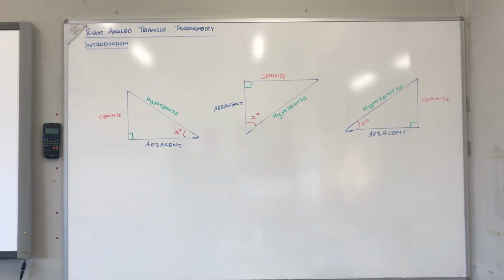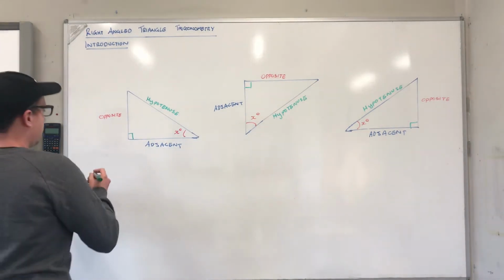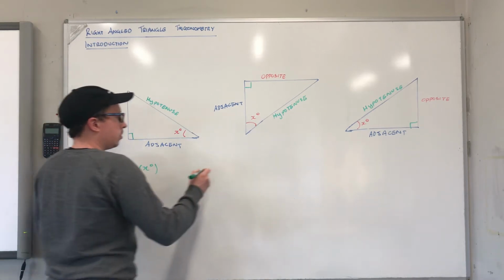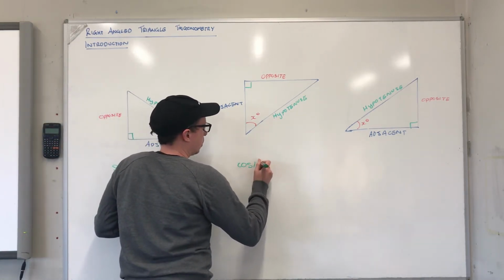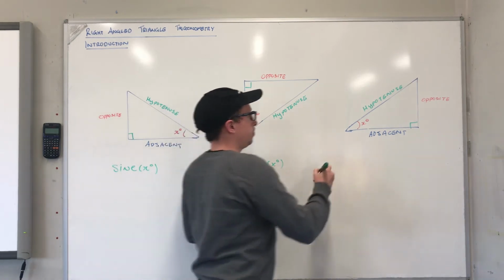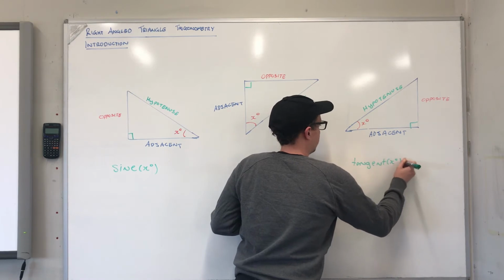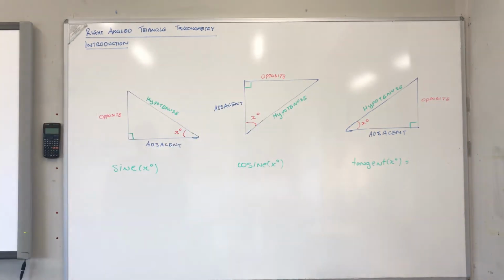So I'm going to deal with those three triangles. And these are essentially just ratios of two of the sides of a triangle, okay?